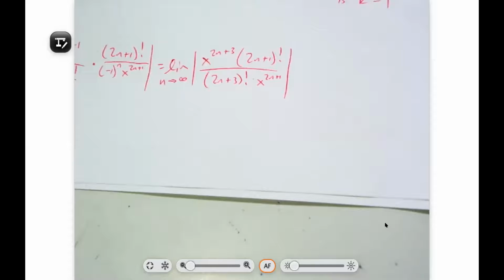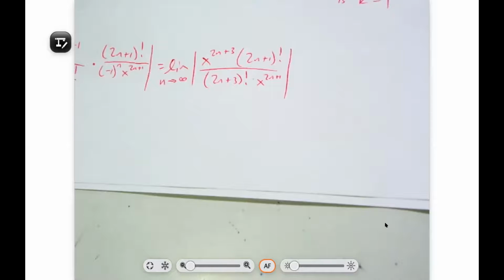You were right on the x's though. Anybody know how we can expand 2n plus 3 factorial? So close. She said 2n plus 1 factorial times 2n plus 2 times 2n plus 3.